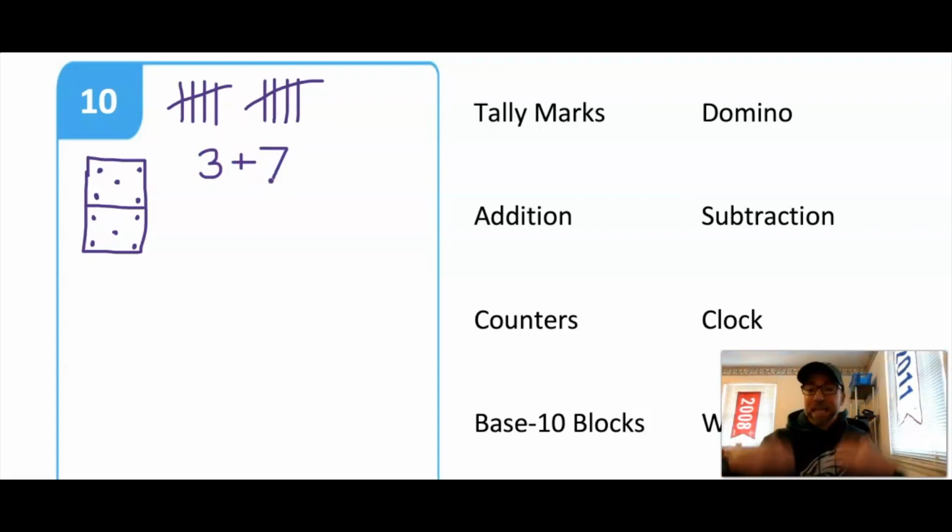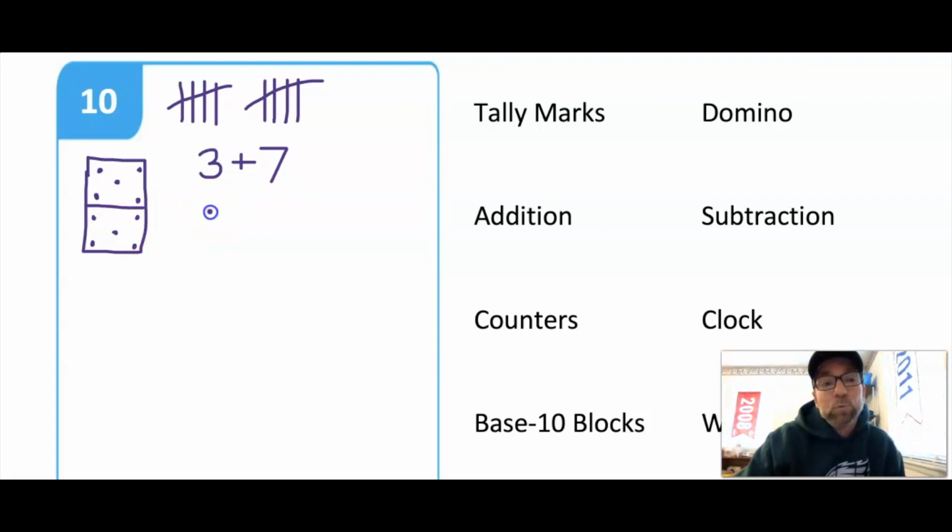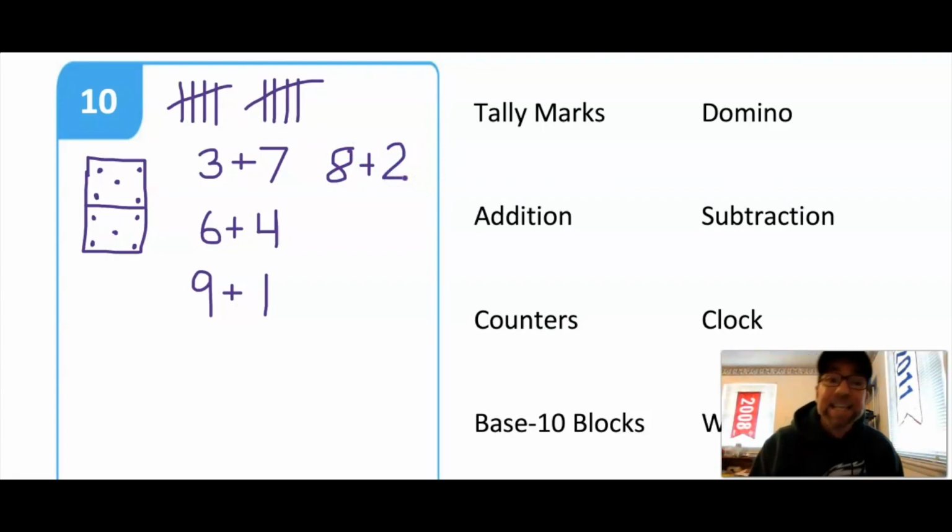I don't need to put equals 10 because it's in my 10 box, so I know it equals 10. 6 plus 4 equals 10. There are many ways to name 10. 9 plus 1. 8 plus 2. So I added some addition facts that add up to 10.